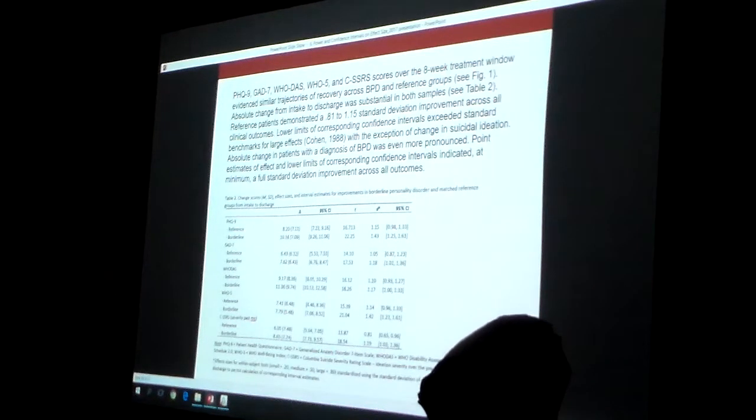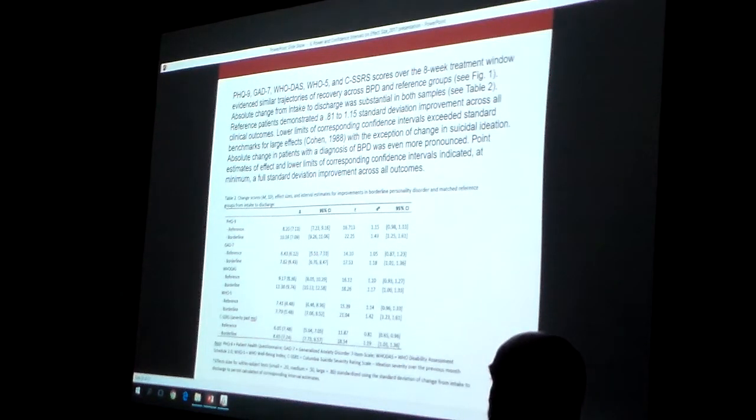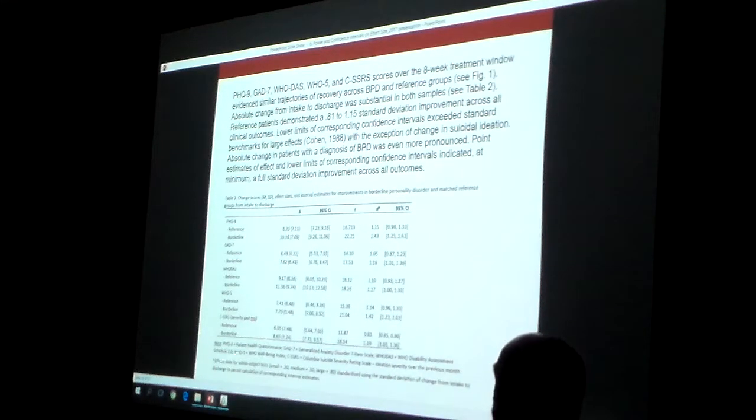across different types of measures, right? We've got patients with symptoms of borderline personality, and then we've got reference patients who don't have borderline personality. So it's just a table in terms of mean change, the 95% confidence interval around that change, our paired sample t, which is our effect size here, and then the confidence interval around that effect size, right?